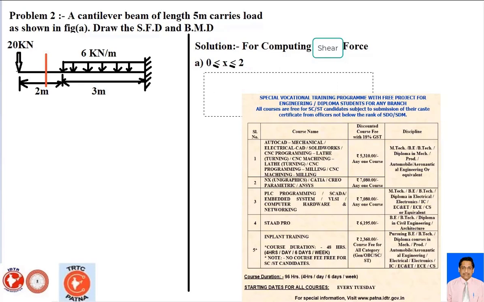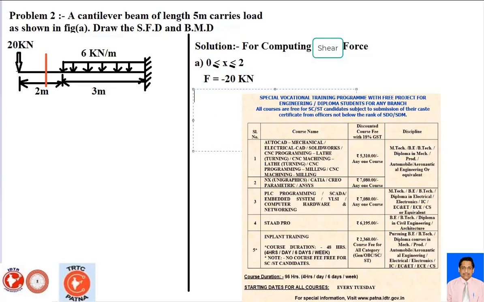Okay. So what is your force? So force is equal to, you have to watch. I am using here the global coordinate system. So the x-axis is positive and the upward side y-axis is positive, but the load is in the downward direction. So I am using here minus 20 kilonewton. So the first section is very simple to compute.